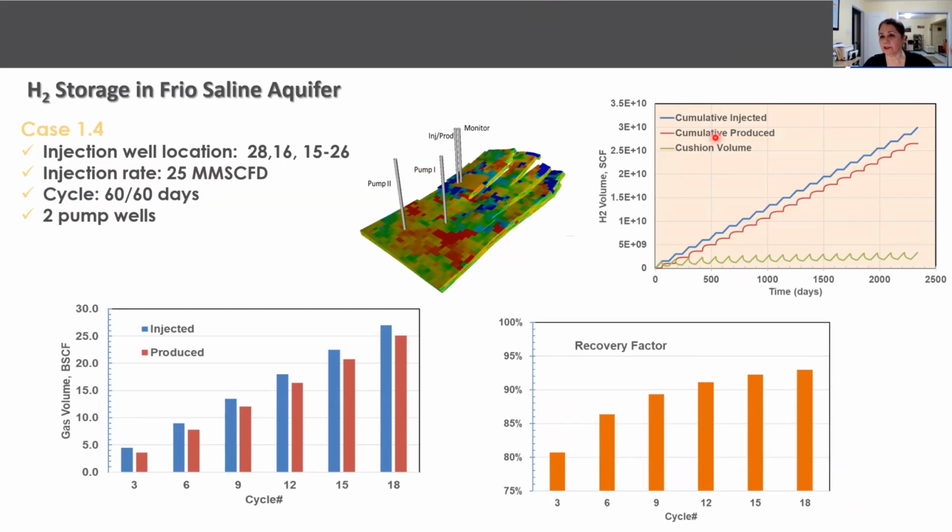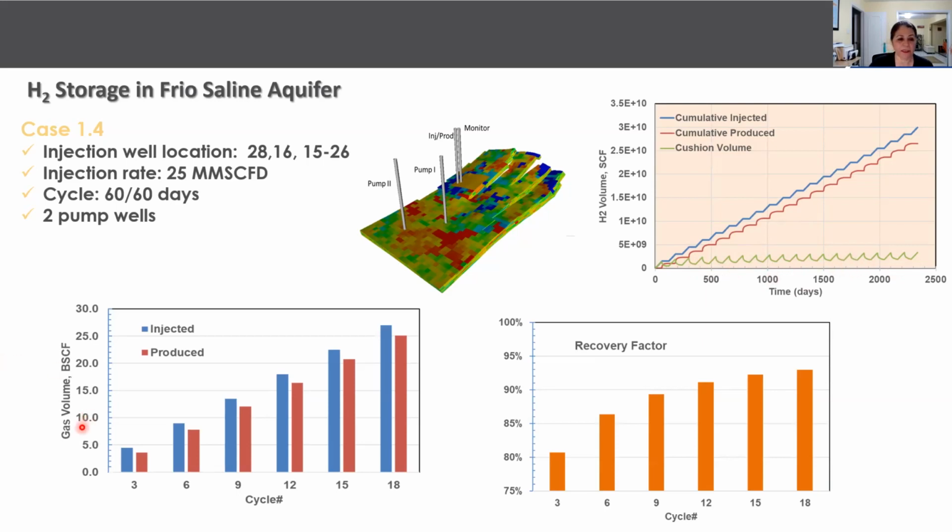So normally we look at the cumulative hydrogen injected versus time, cumulative produced, and the cushion volume, which is the difference of these two. So you see that over the cycles, we're increasing the volume of hydrogen, and relatively cushion gas remains steady.